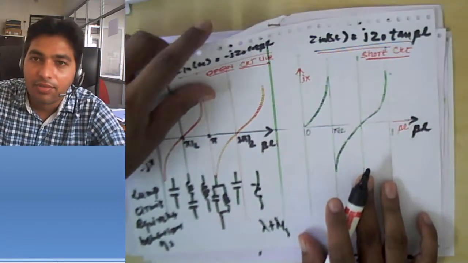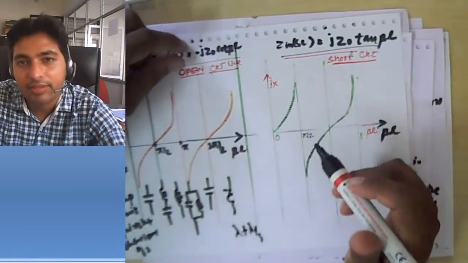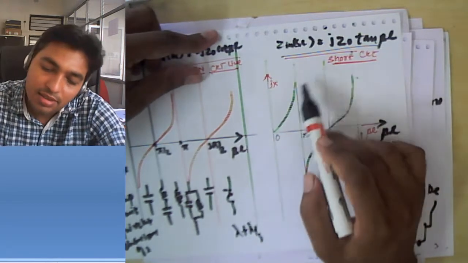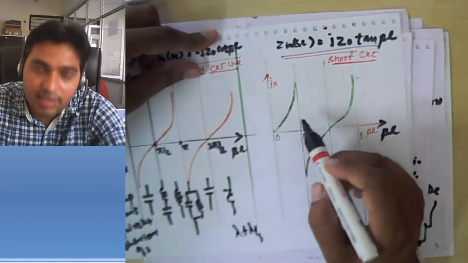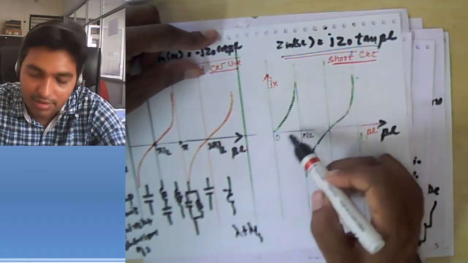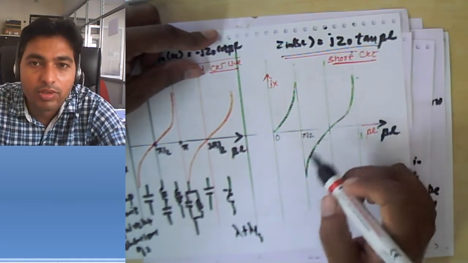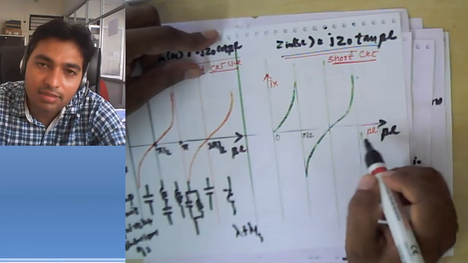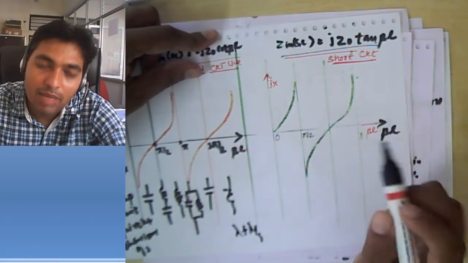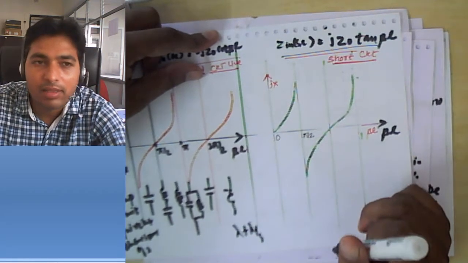Similarly, for a short circuited transmission line, when the length of the line is less than lambda by 4, beta L is less than pi by 2, since beta L is equal to pi by 2 when the length is equal to lambda by 4.